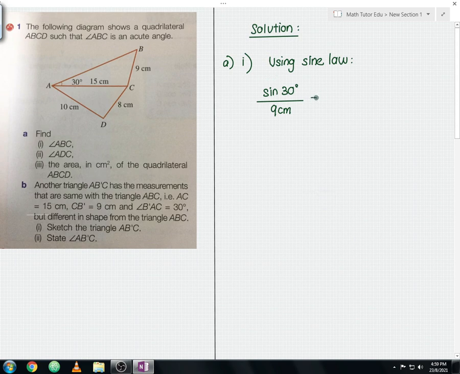And then equals to sine angle ABC, and then you divide with the adjacent length, in this case is 15 centimeter. Let me underline the fraction.